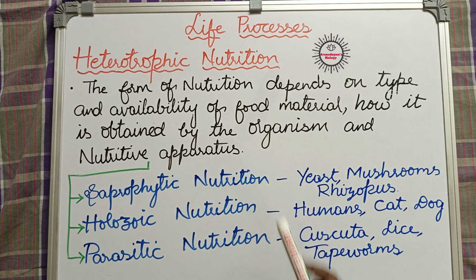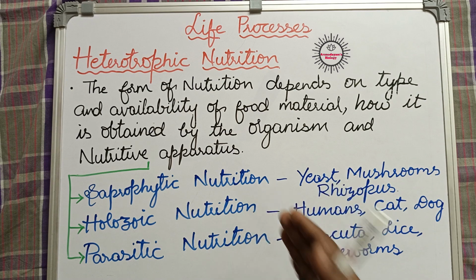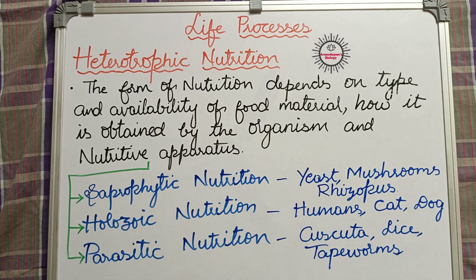First, coming to saprophytic nutrition. There are some organisms which do not have a proper digestive system in their body. So these organisms will release some digestive enzymes onto the food material they obtained. These digestive enzymes will digest the food material outside the body. Then the saprophytes will absorb those digested food materials. In saprophytic nutrition, the organisms are called saprophytes, and they do not have a special digestive system in their body.